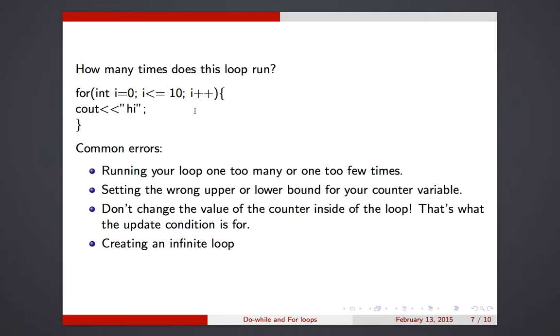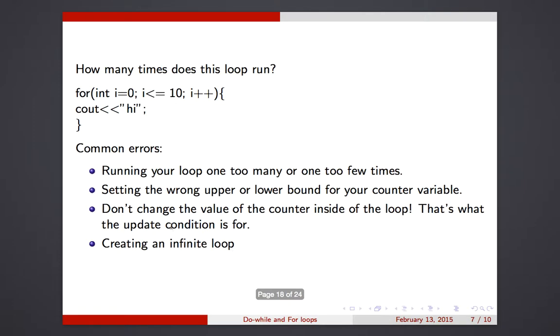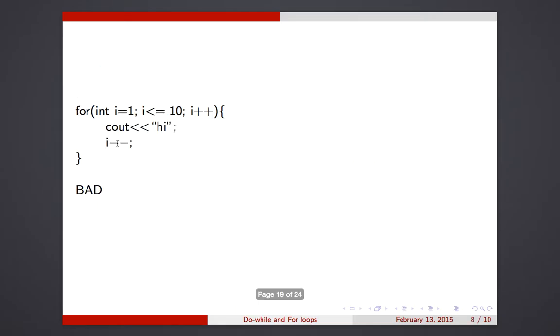You shouldn't monkey around with the value of i inside your loop, okay? You are changing the value of i right here. So don't mess with it inside the loop. And also, as we saw, creating an infinite loop. So just to re-emphasize point 3 here, consider a loop like this. i is 1, as long as i is less than or equal to 10, and then I'm going to up the value of i by 1, but then inside the loop I down the value of i by 1.